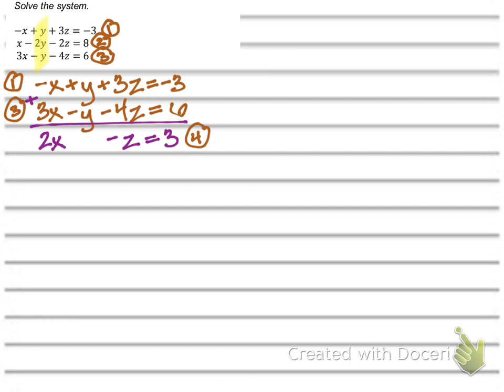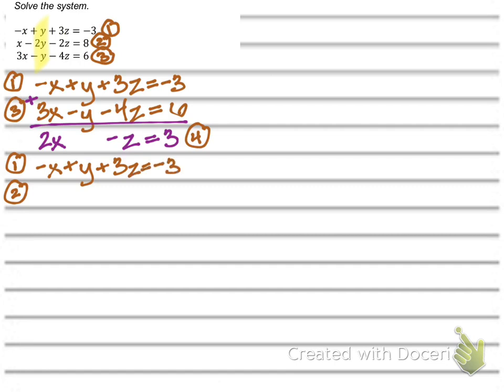This time, I think I'm going to use 1 and 2 to get rid of y again. So, let's see. 1 is negative x plus y plus 3z is negative 3.